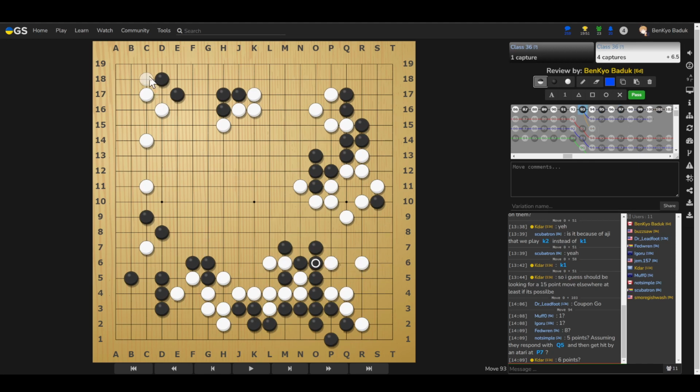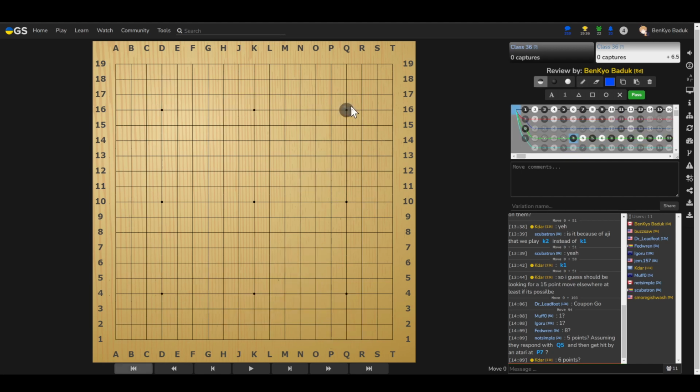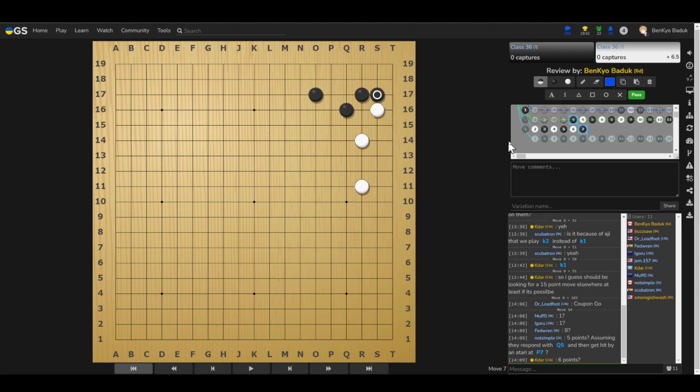And if you're not sure, you can just default to something that you know is big. Like this one is actually sente, and this one is a 6-point difference, right? We talked about that. And this one is a 15-point move. It comes from that joseki that we know. It's like this, right? For either player, this is a 15-point move.